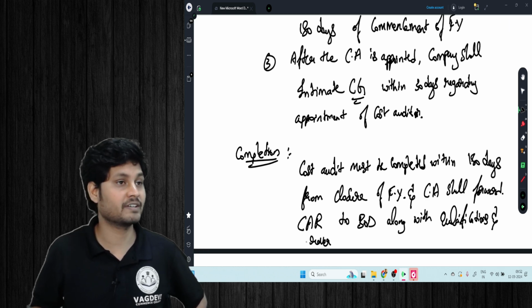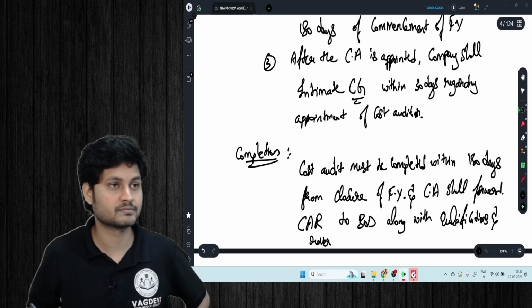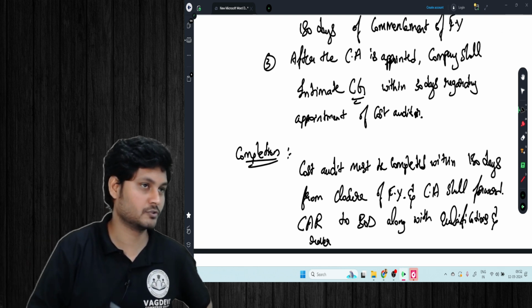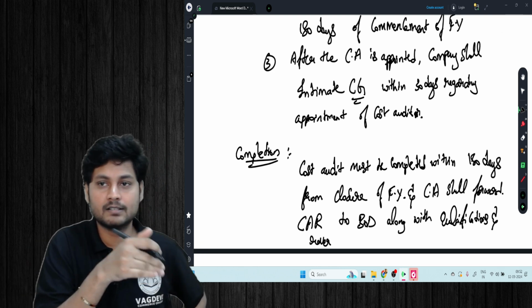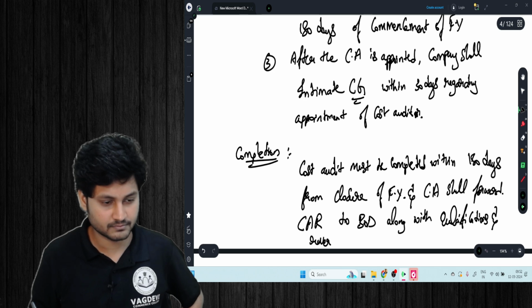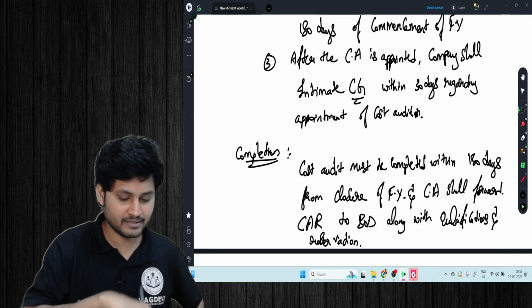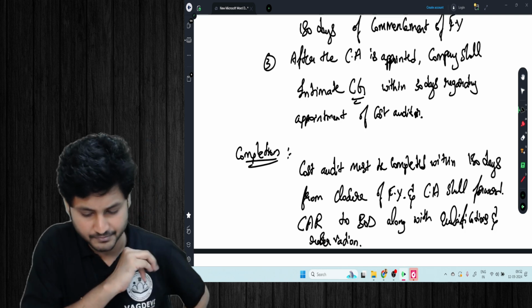Why will the cost auditor give an explanation? The explanation must be given by whom? Board of directors. So they will just write qualifications and reservations. That should be explained by whom? Yes. So this is completion. Okay. Very easy.